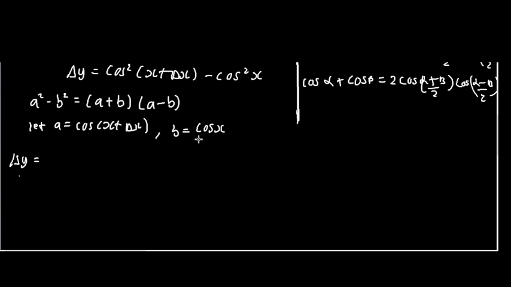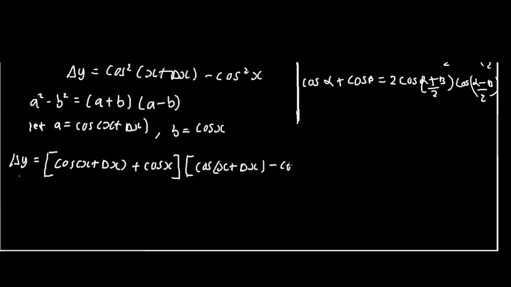Here, our first bracket has cos of x plus change in x as the a, plus the b, which is cos x. And then we shall also have the second bracket: cos of x plus change in x minus cos x.